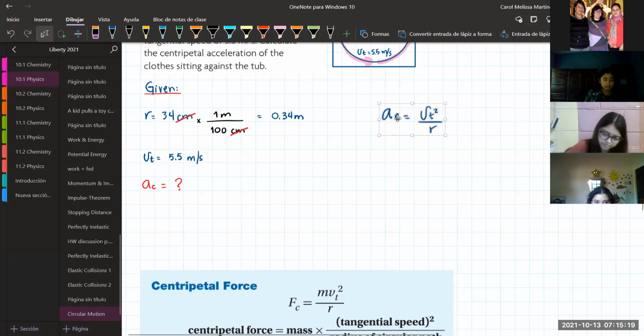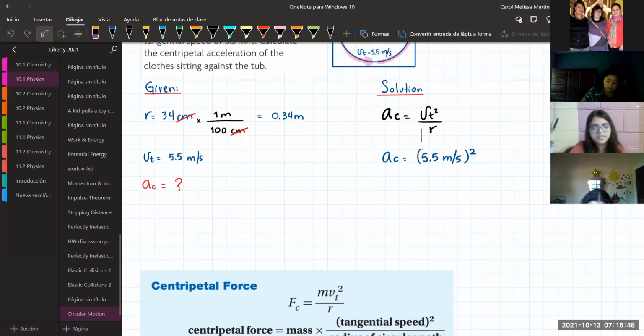So solution, this is the main formula, and all you do is substitution. AC is equal to Vt, which is 5.5 meters per second, to the second power, divided by the radius already converted to meters, that is 0.34 meters.